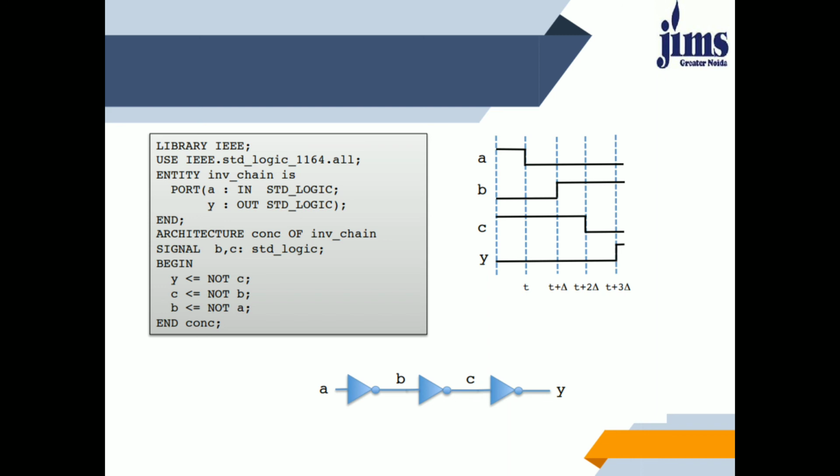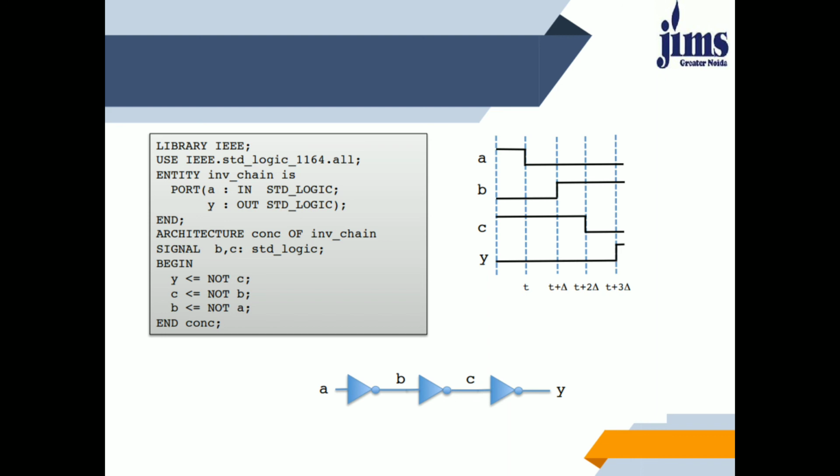Now we will define the architecture. Architecture, some name, of entity name is. Here, as I have told you, signals need to be defined, that means the in-between signals B and C, which are generated in between but behave as the input of the second inverter and third inverter. So we will define them, then the process will start with begin.